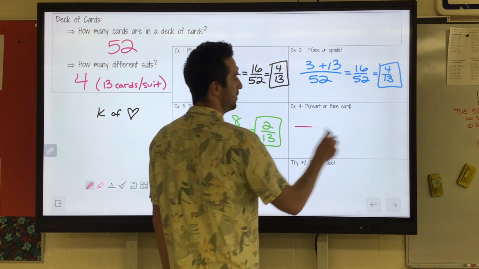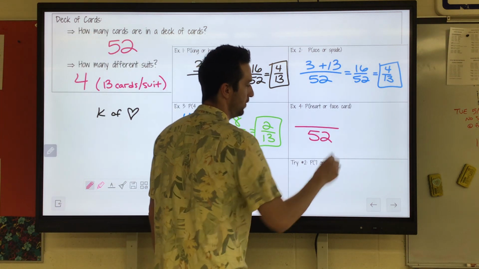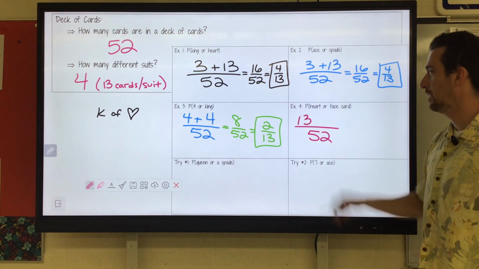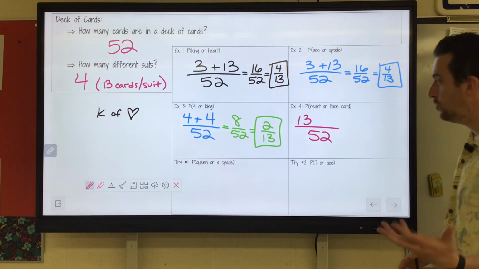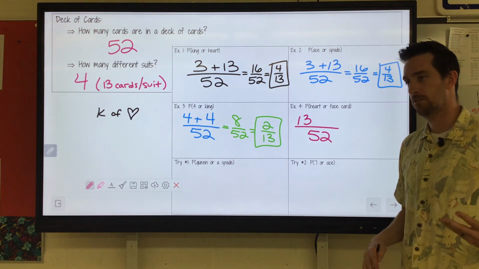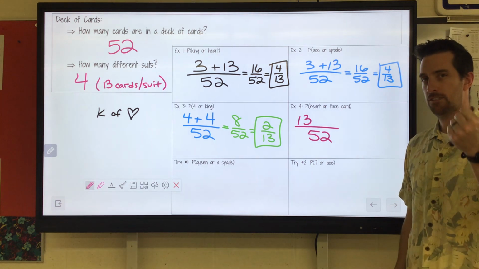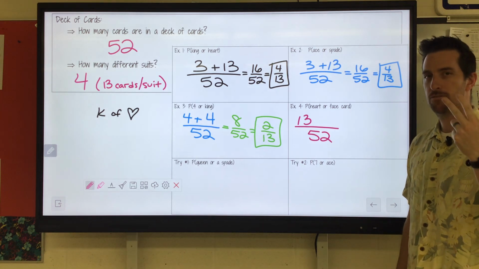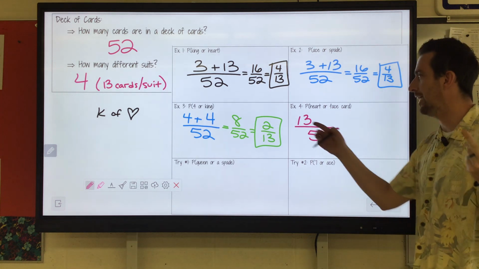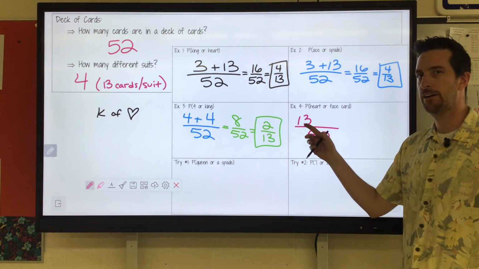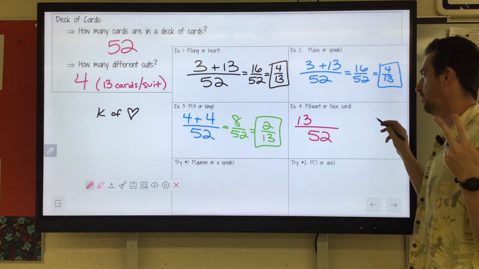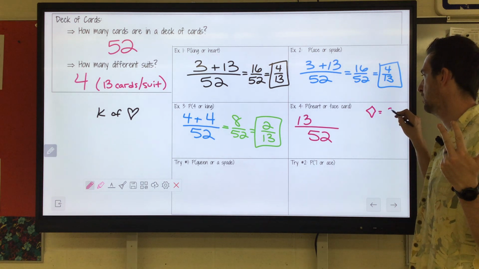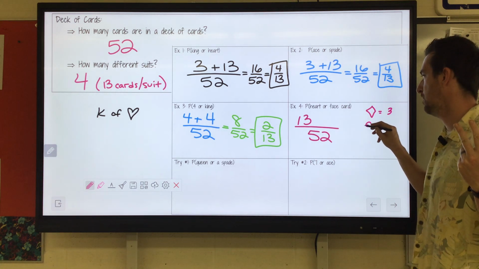The probability it's going to be a heart or a face card. Of the 52, there are 13 hearts. Now usually, face cards, we could say, are jacks, kings, and queens because they have faces on them. So there's a jack, king, queen in the hearts. We wouldn't include that. But we have 3 of them in diamonds. We have 3 of them in clubs.